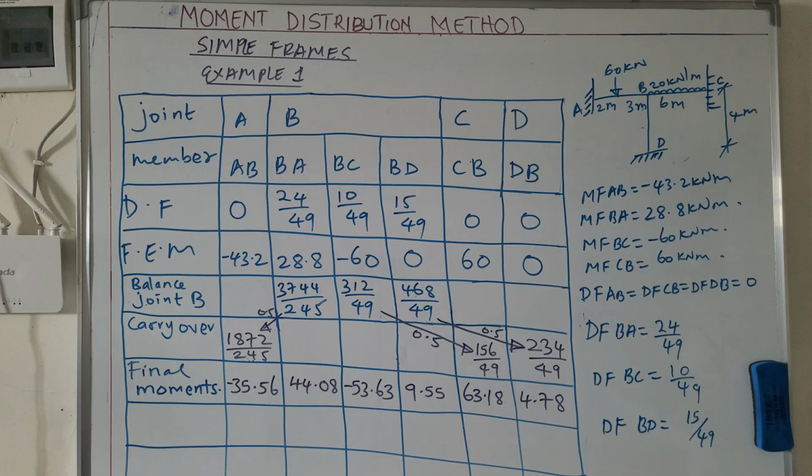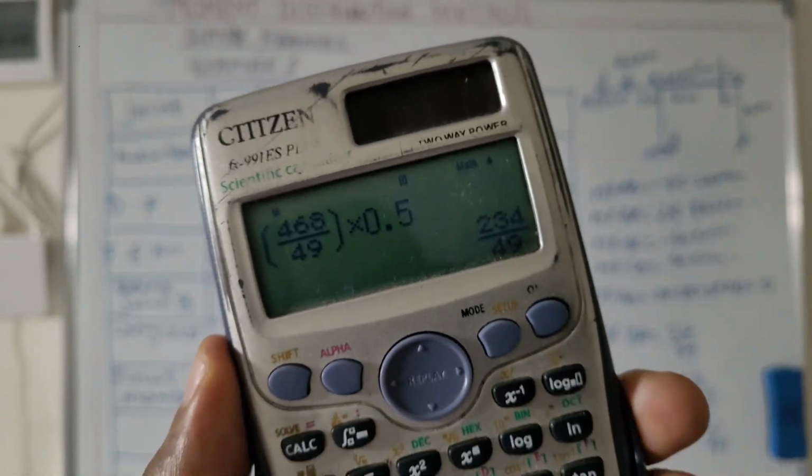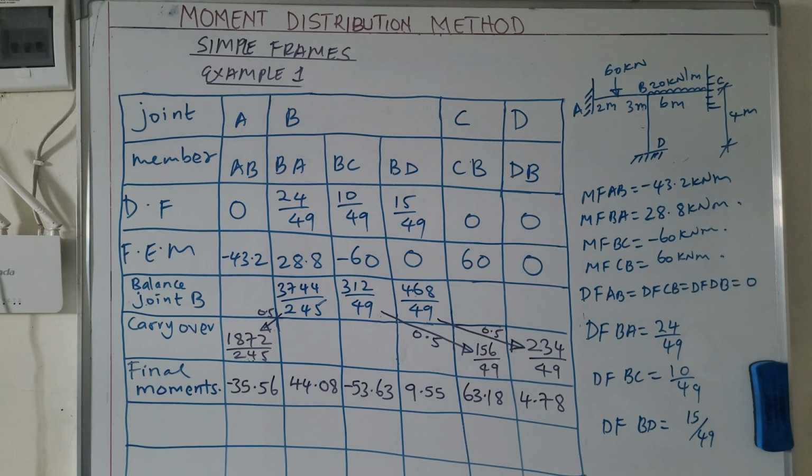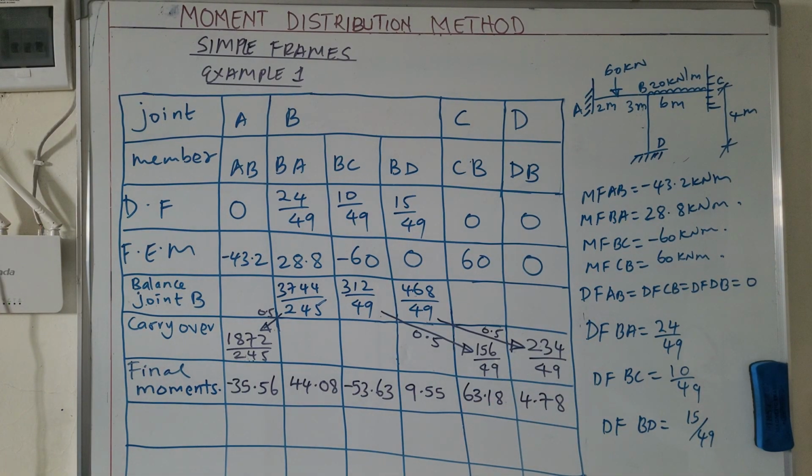So that is 234 over 49. So this is the value, you write it there. And then, as you can see, there is no further progression from here because there is no other joint you can balance.